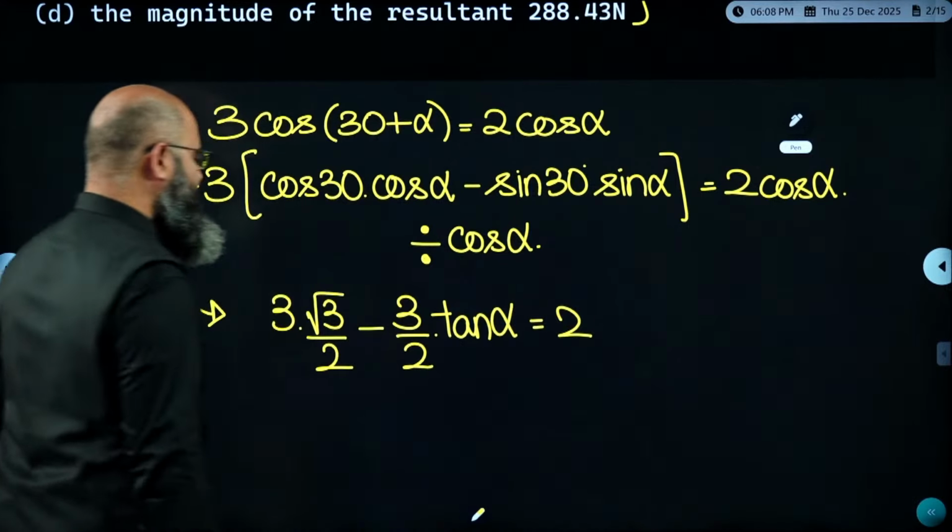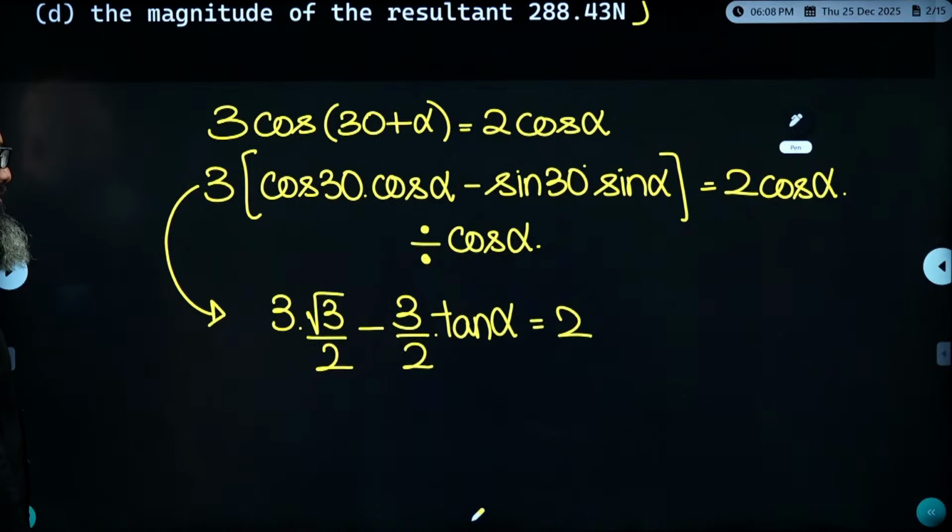This is the value I'm having. You can multiply by 2 throughout and push it over here. You are seeing 3 tan alpha is equal to 3 root 3 minus 4.